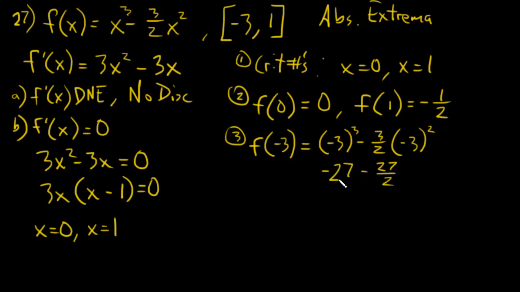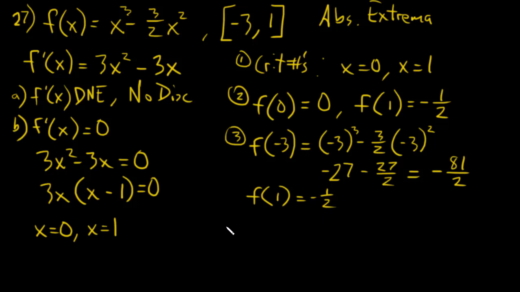So this is going to be negative 54 halves minus 27 halves, which is going to equal negative 81 halves for negative 3. The second endpoint is at f of 1. Well, we already have that, right? That is at negative 1 half.